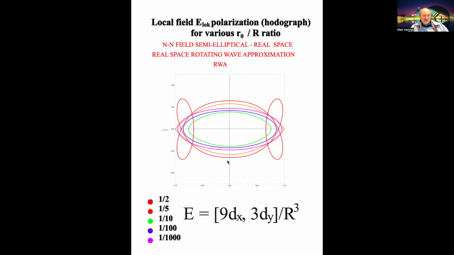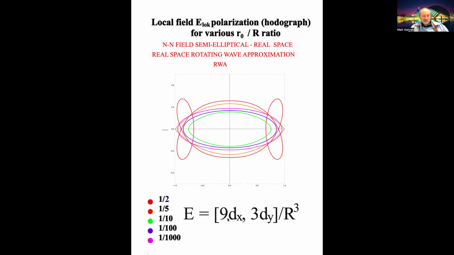In the limit, if this ratio goes to zero, you get perfect dipoles, and the field is the ratio between the x component and the y component in this limit. You can see it here that this ratio of this axis is indeed about 3, and it is exactly 3 if you calculate.